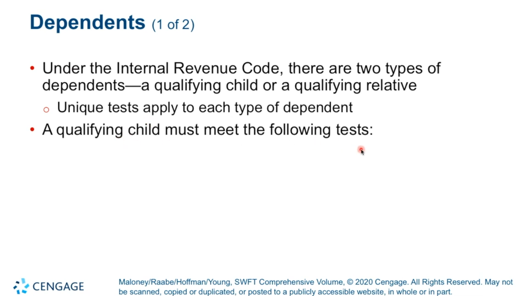So even though we don't get a dependency exemption anymore, we still care about this for things like the child tax credit. So these are the tests or rules. One is relationship, residency, where if they lived with you or not, their age, the support test, meaning who paid for the person's support, whether it's the dependent themselves or the taxpayer who's claiming them as a qualified dependent.